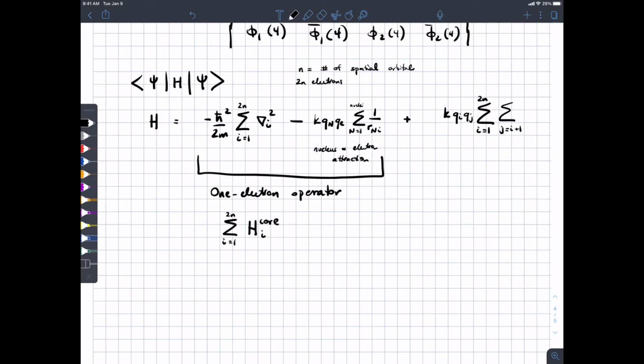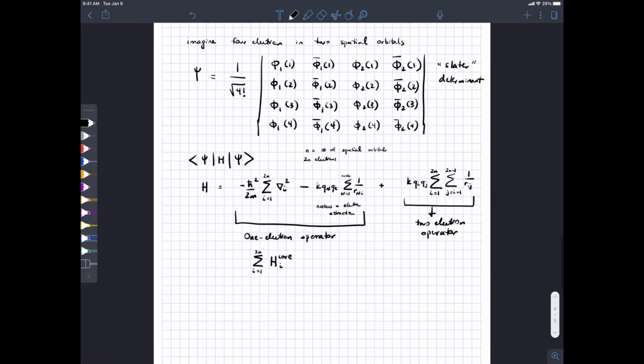Don't worry about this notation. This is just a way of saying we don't count the same electron pair twice. But this integral, or this operator, is a 2-electron operator. It requires you to know the position of 2 electrons. That'll be important in just a little bit.